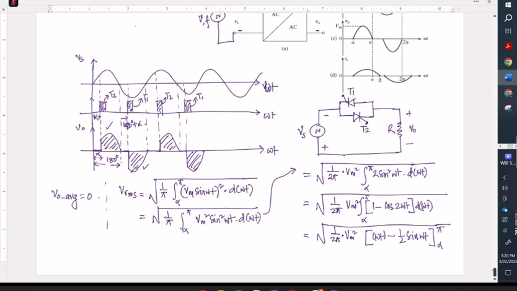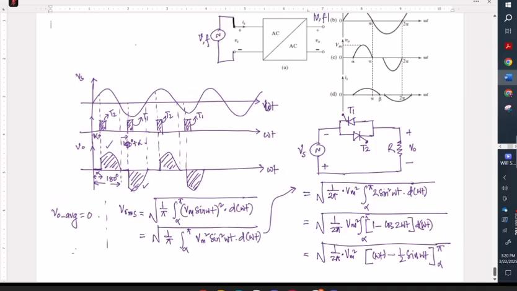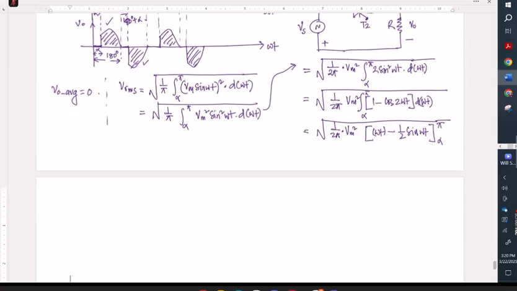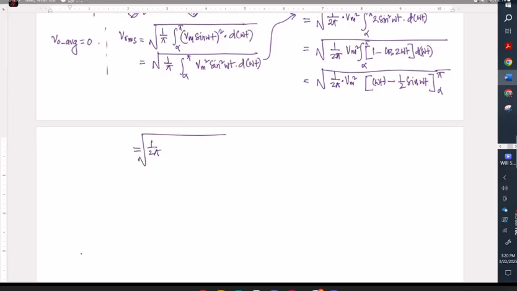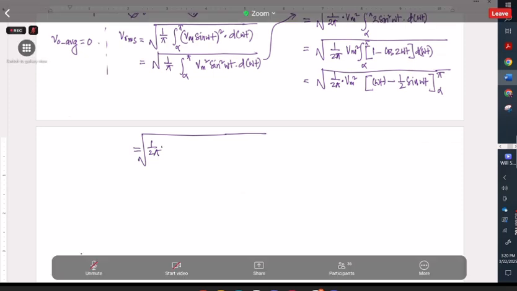So now it should be 1 over 2 pi multiplied by Vm square.